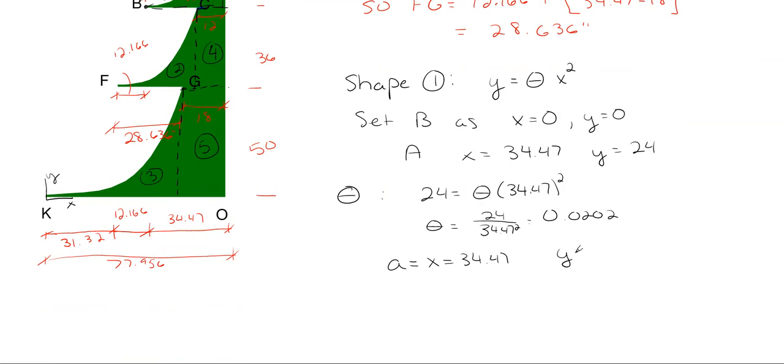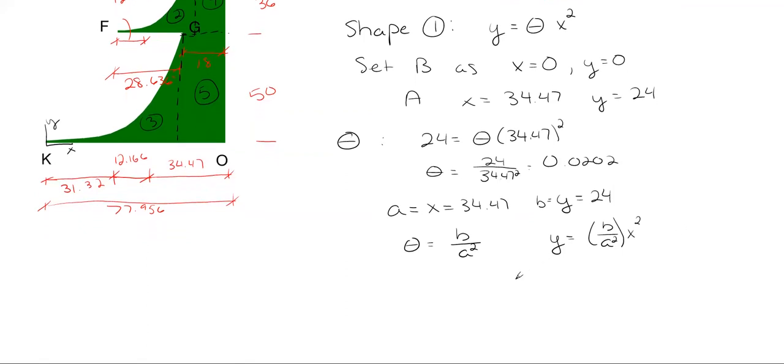And I'm going to set a B value equal to my Y, which is 24. So I'm going to substitute A and B in here for theta, which means that I would have B over A squared. So my original y equation would just be b over a squared times x squared. And the reason I'm doing this is because a pattern will form with these integration processes for these areas, and hopefully you'll see this pattern show up.